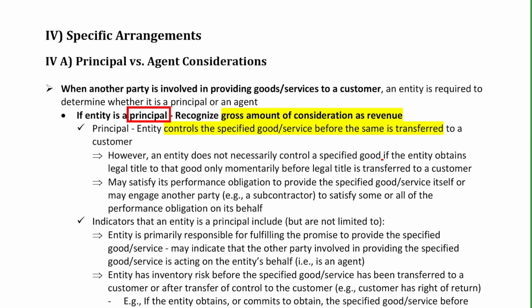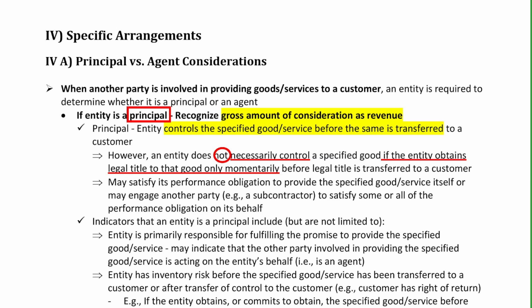However, an entity does not, circle not, necessarily control a specified good, underline if the entity obtains legal title to that good only momentarily before the legal title is transferred to a customer.